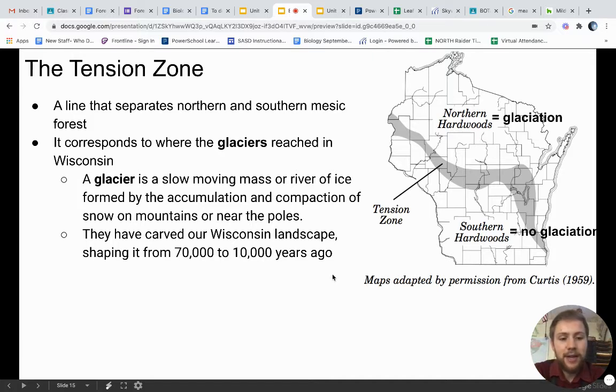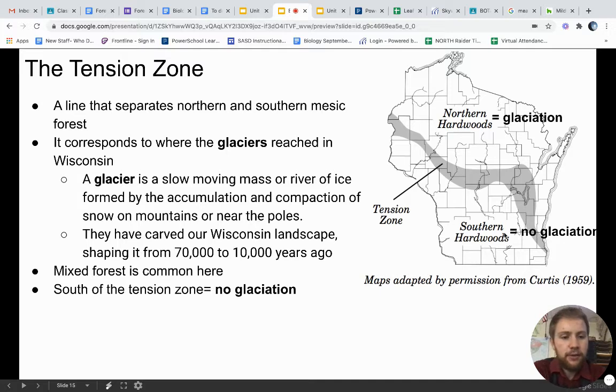As that happened, and the woolly mammoths and other ice age megafauna, or huge animals, started to disappear, we got a repopulation of these forests, and they grew back differently from what they once were. So the mixed forest is really common in the tension zone.